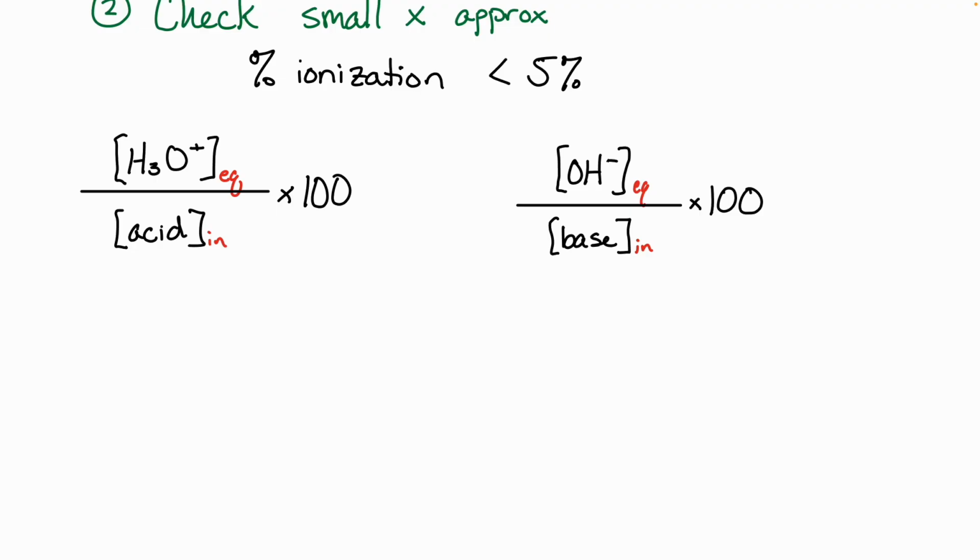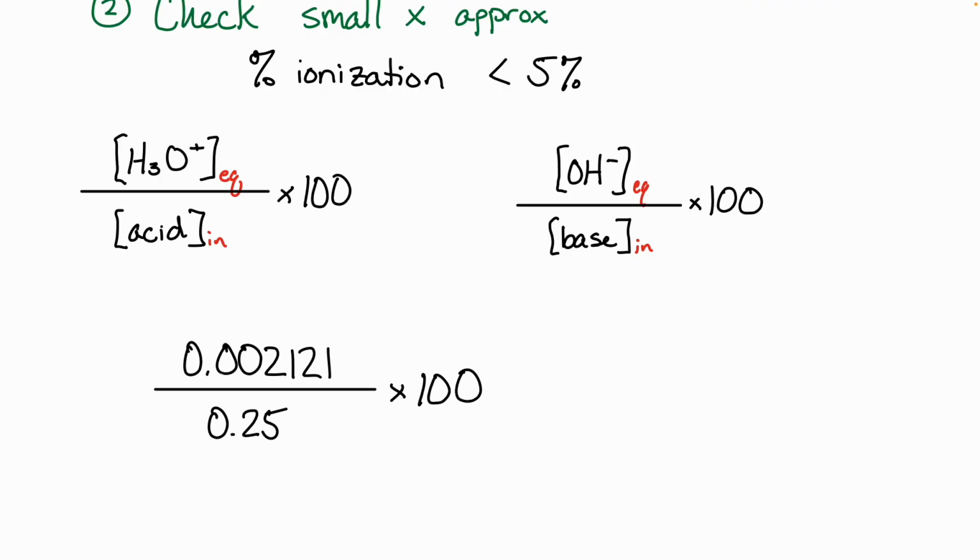Okay, so just to finish this problem off here, we're going to take our 0.002121 divided by that initial concentration of 0.25 molar, multiply all this by 100. We get 0.84, let's call it 0.85%. So did we pass? Cool. All right, so we pass.